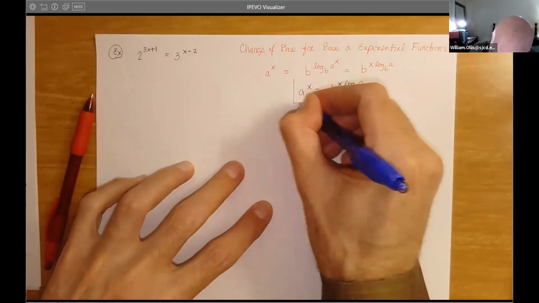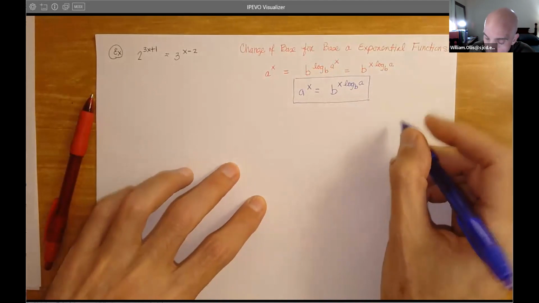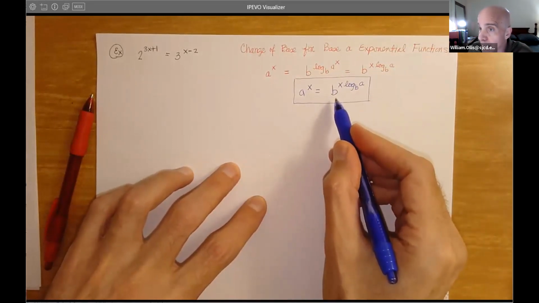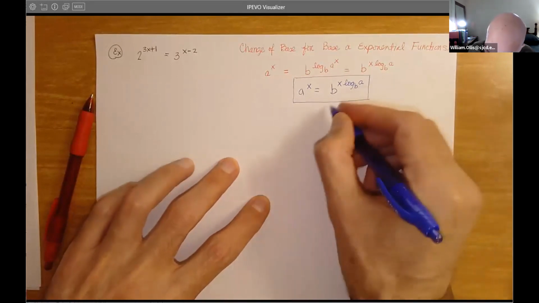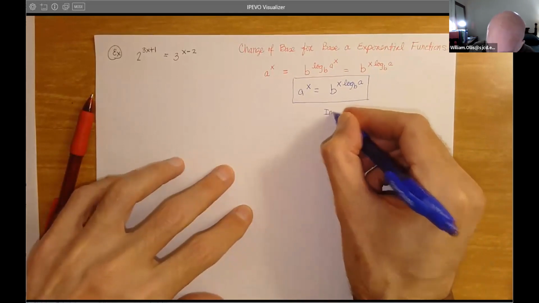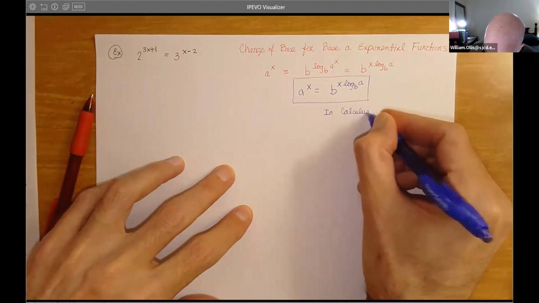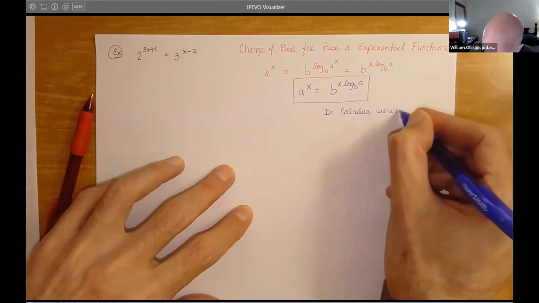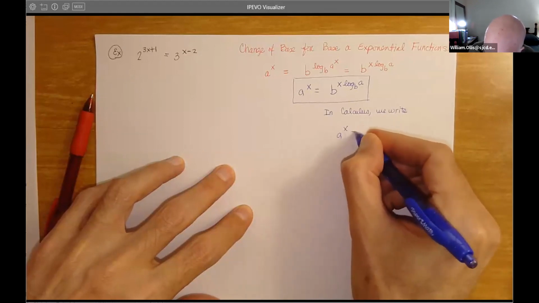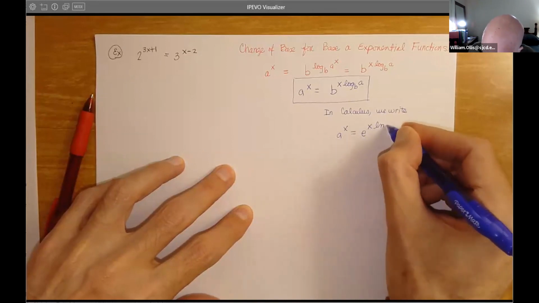So this is again what you will do in calculus. In calculus, we will always convert to base E. Base E is the base of calculus. I'll go ahead and let the cat out of the bag. When you get to it, you'll say, oh, I've seen this before. In calculus, we write a to the x using the natural base, so we'll say E to the x ln of a.